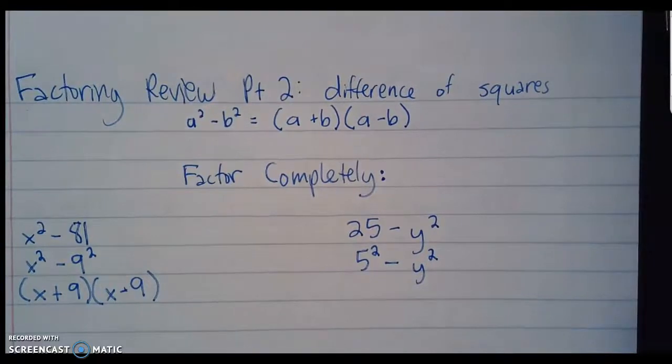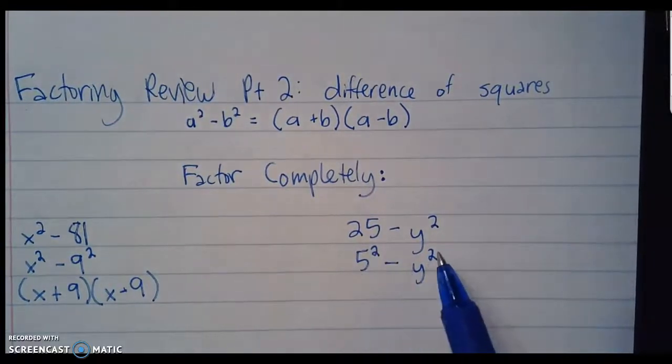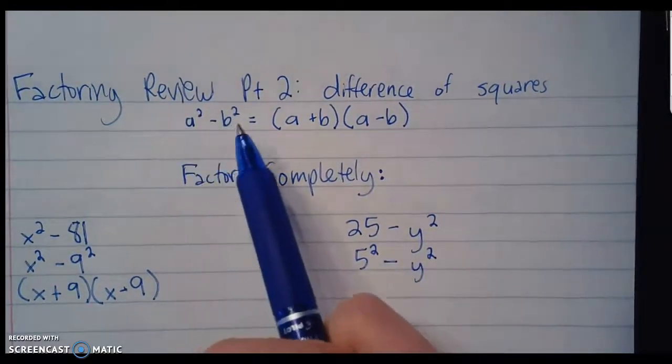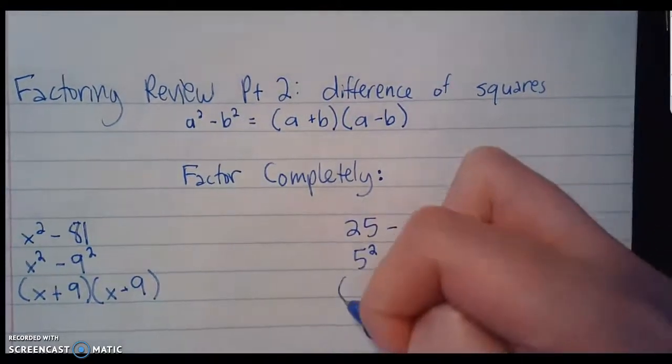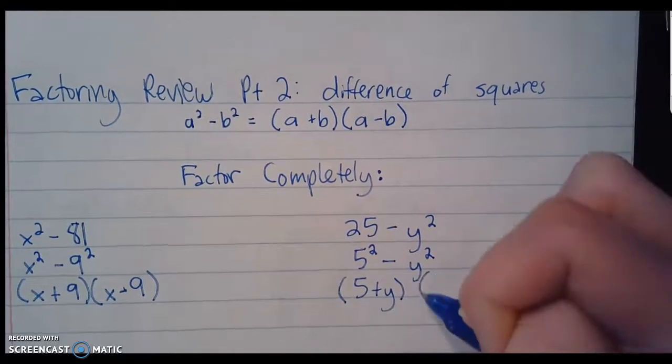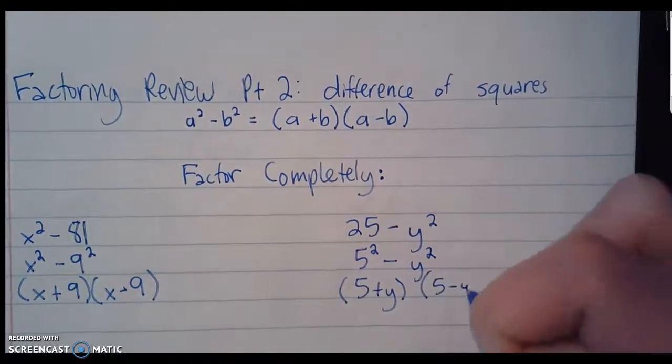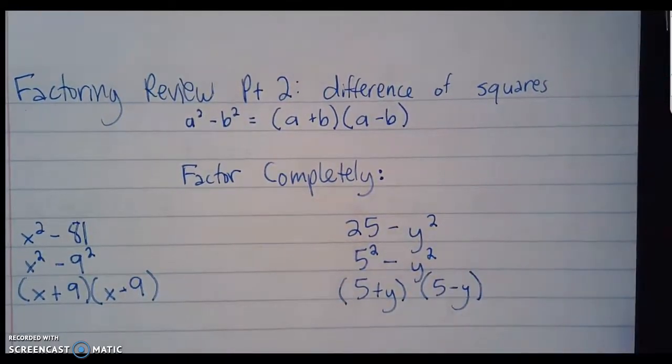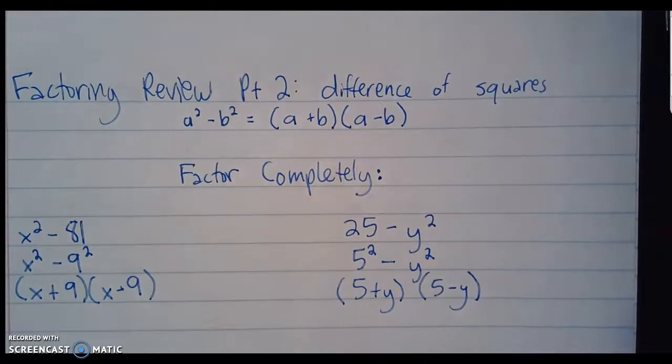So using the rule, 5 squared minus y squared, a squared minus b squared, we can split that into 5 plus y times 5 minus y. So those are my first two examples for a difference of squares.